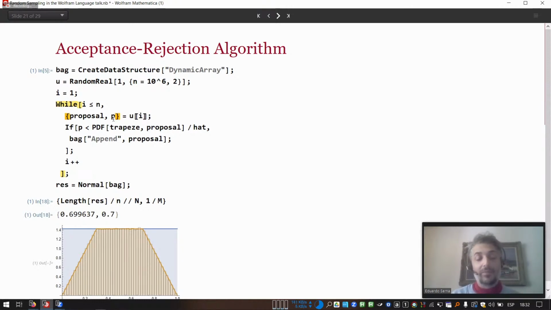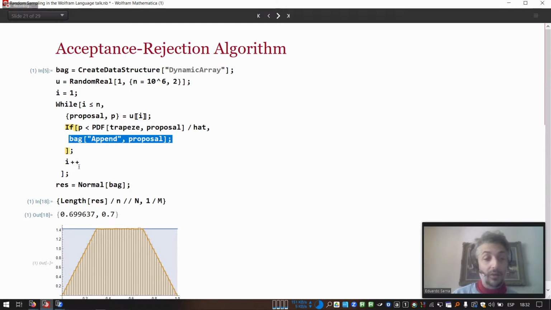Then we use this P to compare to. This will usually be a uniform in the algorithm, and we compare the PDF of our target distribution at the proposal divided by the PDF of the hat at the proposal, which in this case is a constant because it's uniform. And if it's bigger than P, we append.